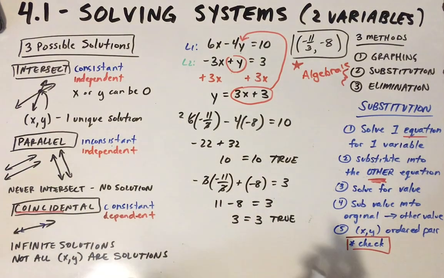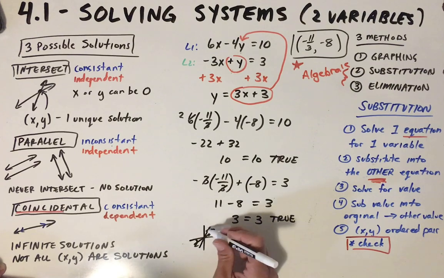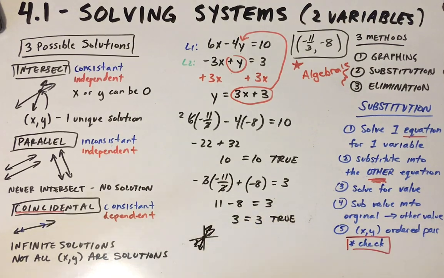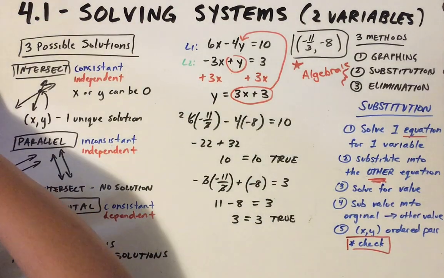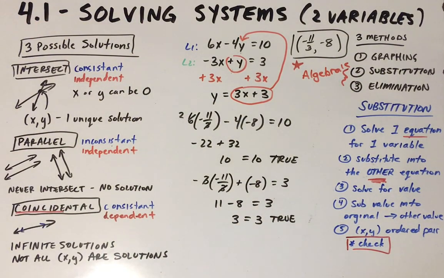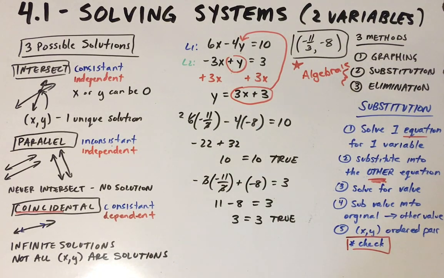Or if they both equal 0, all that would mean is that my lines cross at the origin, the point (0, 0). So x or y or both can be 0 algebraically, but I will get an actual value for x or y. That's really important to note. If I get a value for x or y, I know instantly that these lines intersect.